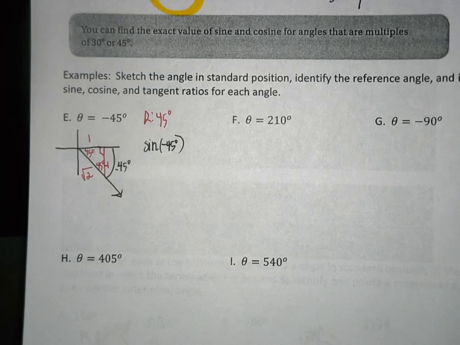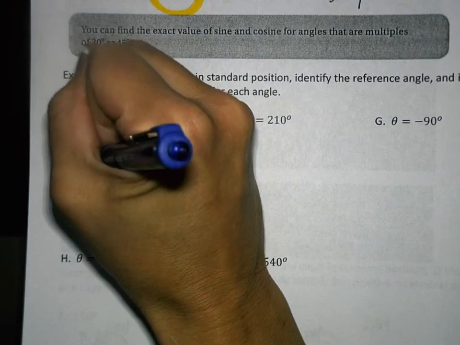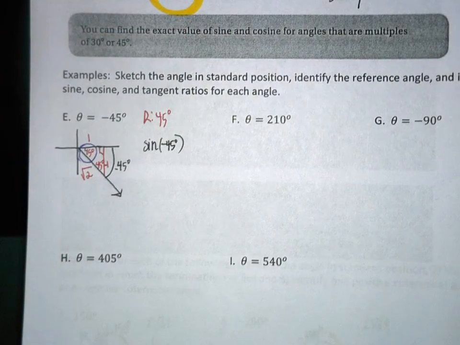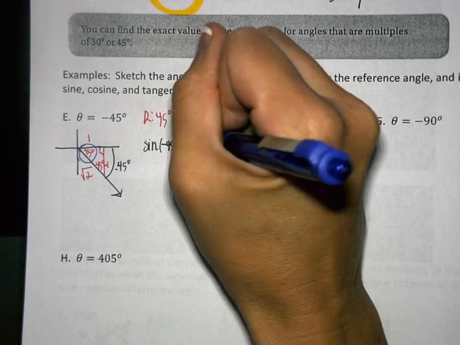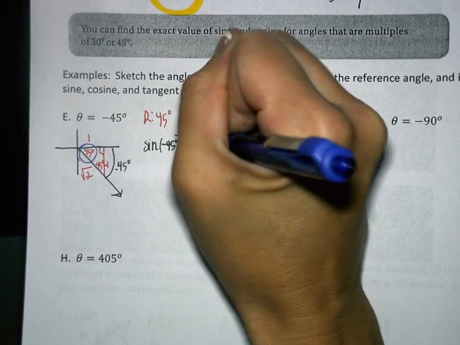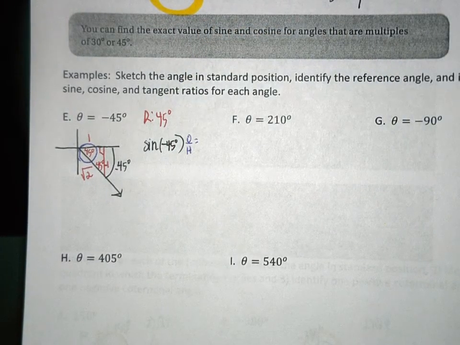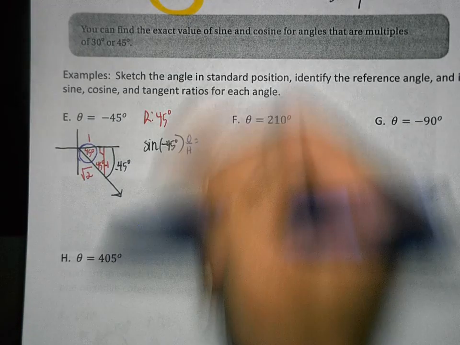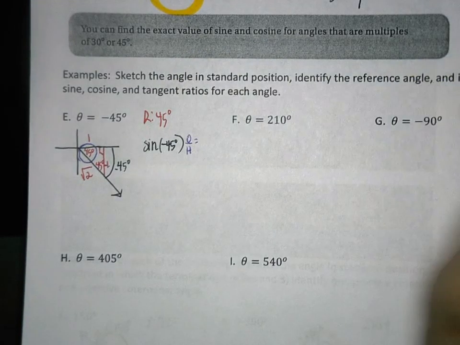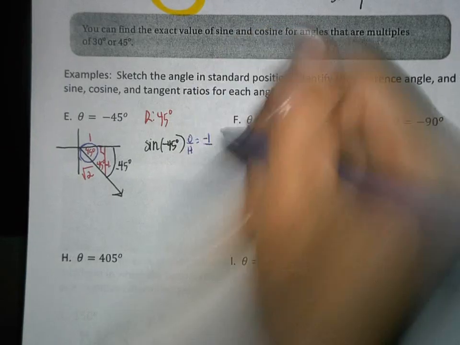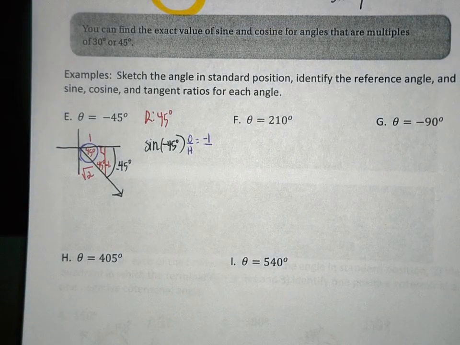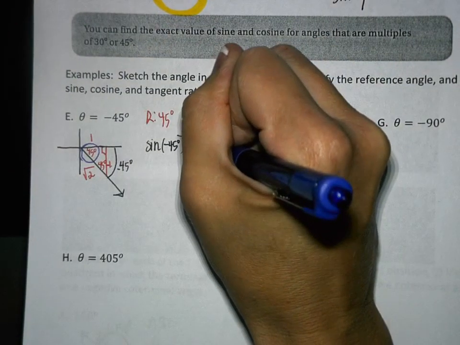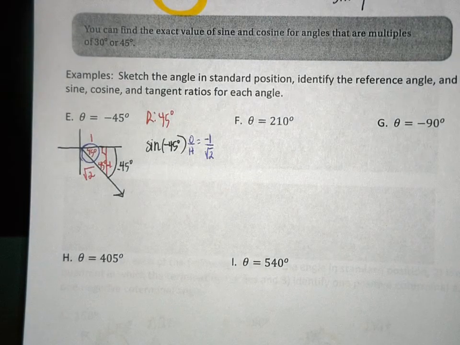Okay. Sine is what? Opposite over hypotenuse. So we're always dealing with our reference angle right there. Okay, so if this is opposite over hypotenuse, what is opposite of that 45 degrees? The number. Negative 1. And what is my hypotenuse? Root 2. Very good. You can't have a root in the denominator.